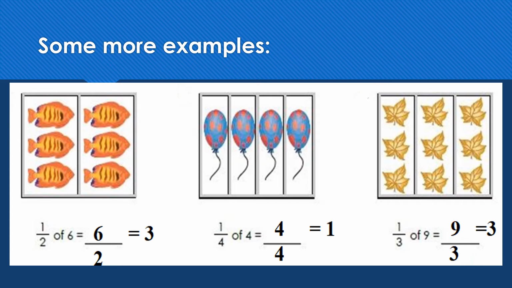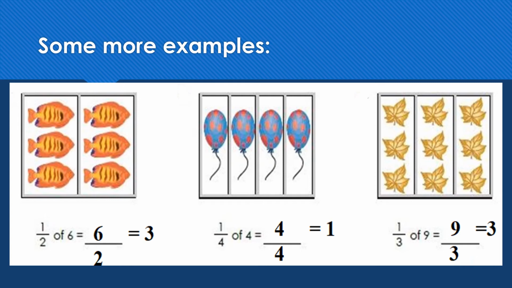Now we have a collection of 4 balloons and it has been divided into 4 equal parts. So what is the fraction 1/4 of 4? So that is 4 divided by 4, which is equal to 1.